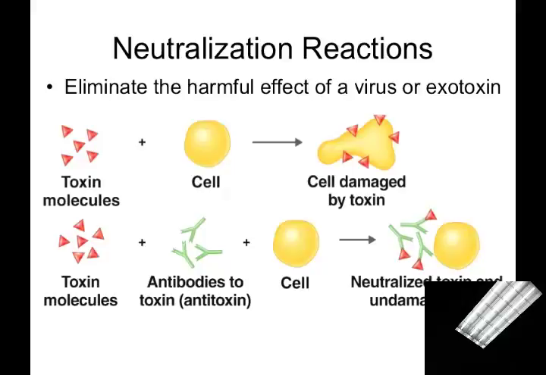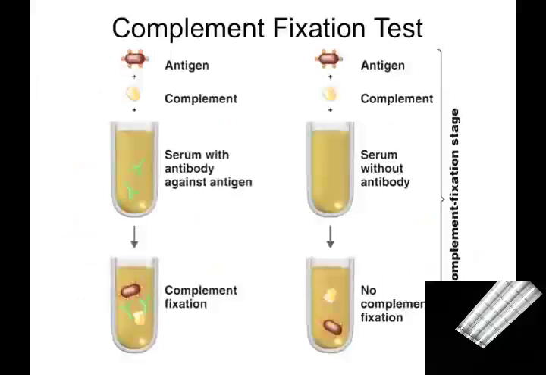The antibodies bind up the toxin. So let's say you were trying to ask a question about a patient's blood, right? Here's the serum, and we want to know, does this patient have antibodies against that toxin? We have the toxin, we have some cell that we know the toxin targets, and then we add the serum, and we see if the cell's damaged or not. And then we have an answer to our question.